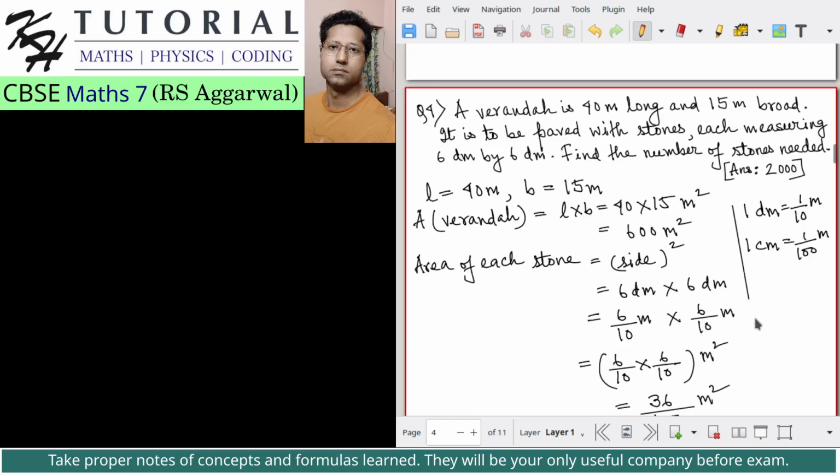I think I did something wrong. Let me check the calculation. 40 meter and 15 meter. The area of the veranda will be 40 into 15, which is 600 meter square, and the area of each stone is 6 dm by 6 dm. Now I could be wrong. I'm referring to the textbook and quickly checking the conversion unit.